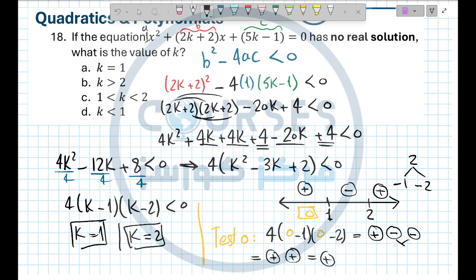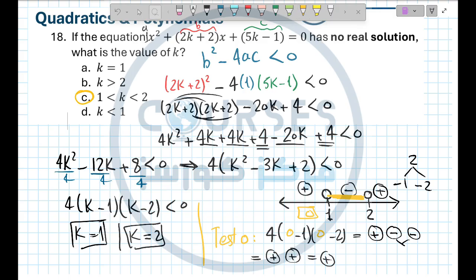This one doesn't have an equal, this is just less than, so these are open. He wants less than 0. Less than 0 means negative, so the answer is this part. So k is between 1 and 2, so the answer is C.